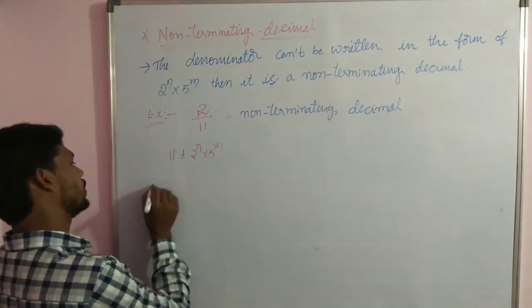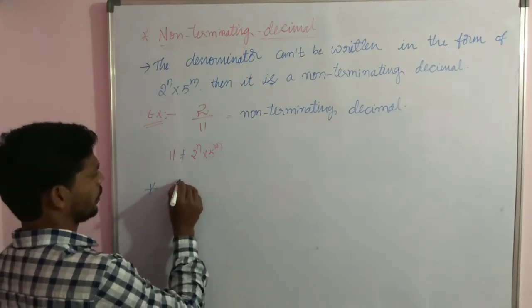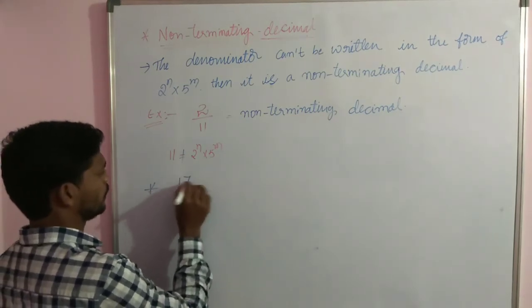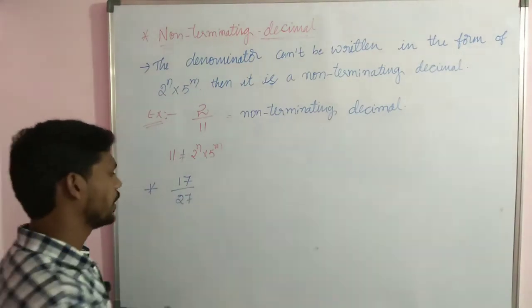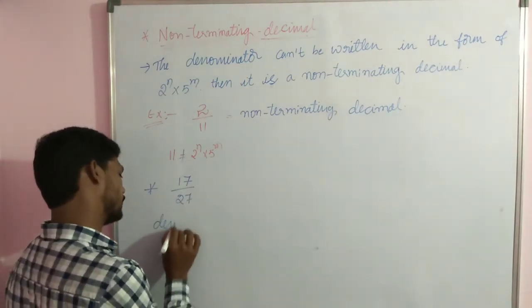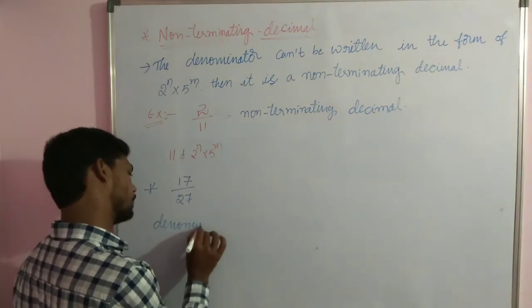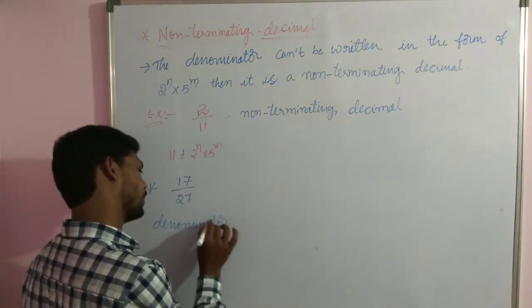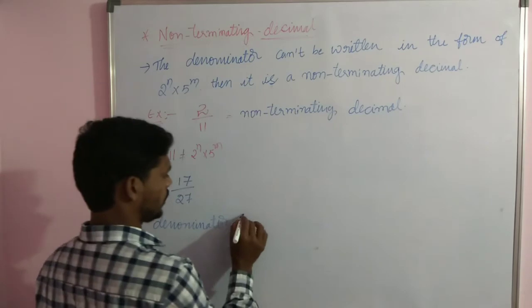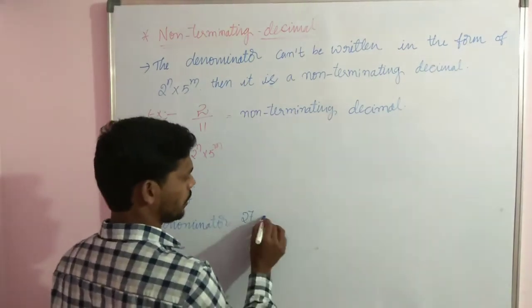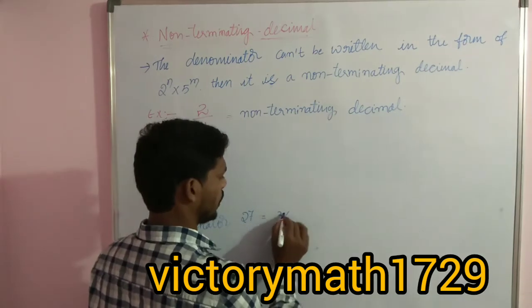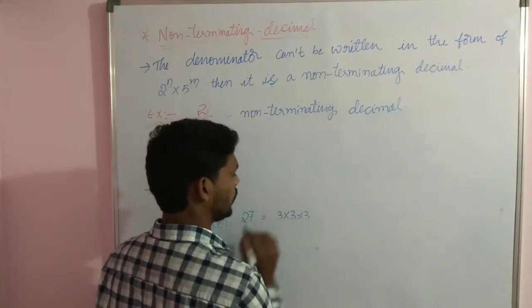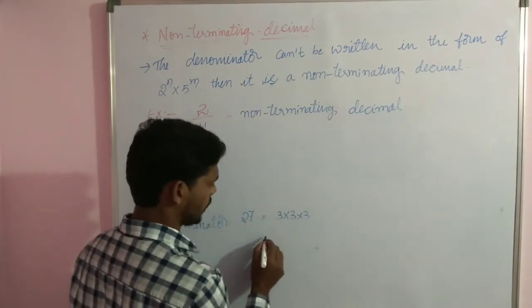One more example. 17 by 27. Here the denominator is 27. 27 can be written as 3 into 3 into 3. 3 3s are 9, 9 3s are 27.